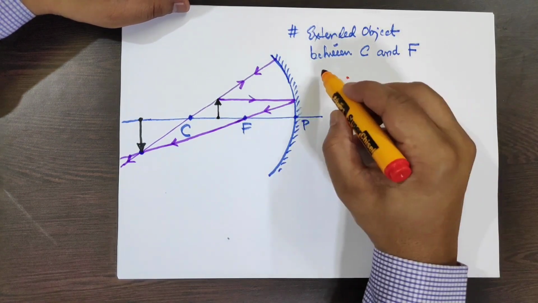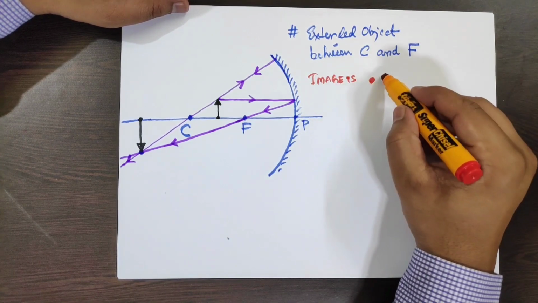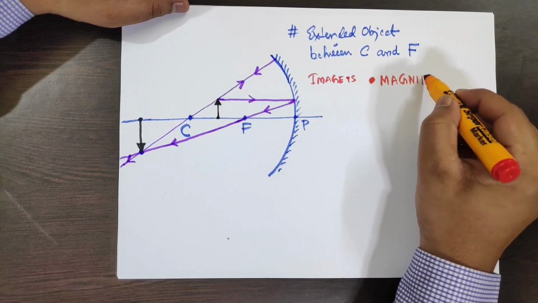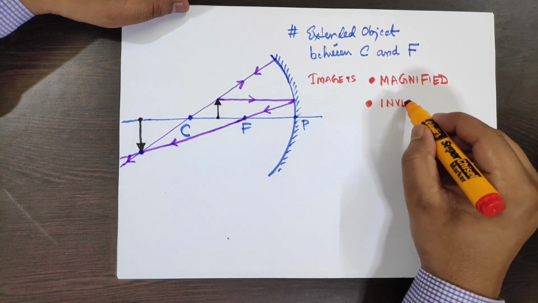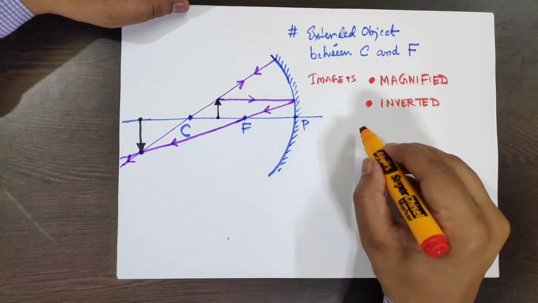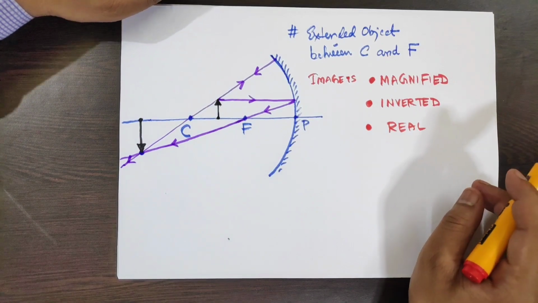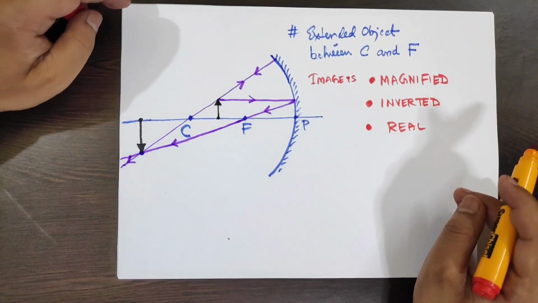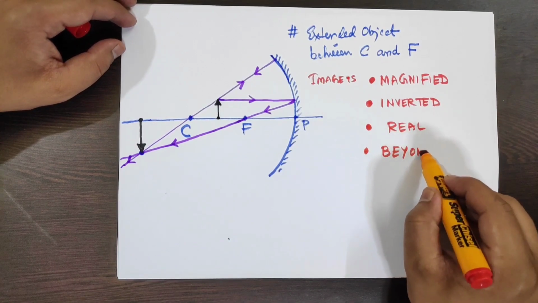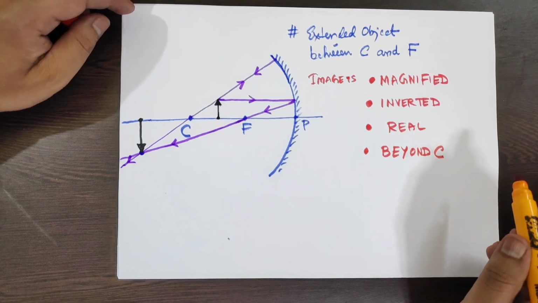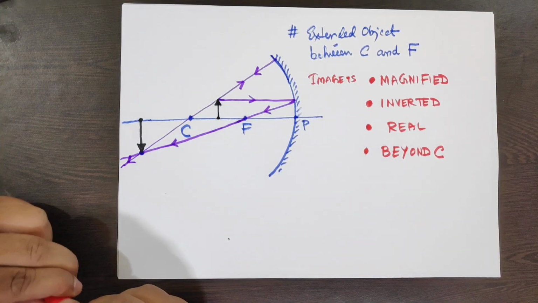No, here the image is magnified, then obviously inverted, and obviously real, because realistically you have these points or spots where light converges, and it is beyond C. In all these cases you will find one thing common.